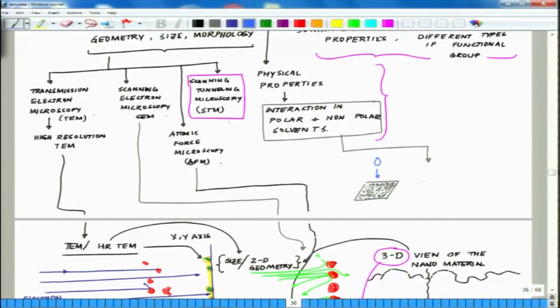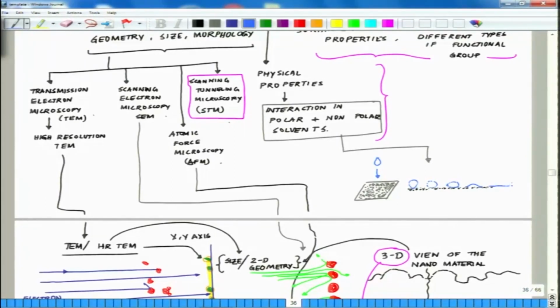The drop of water will either remain like this on top of the particle layer, or it will behave like this, or it will become like this, or it will almost mix.